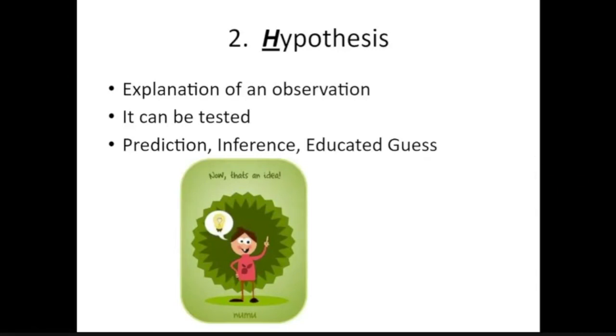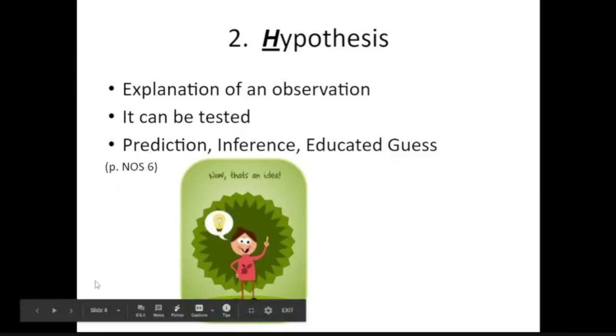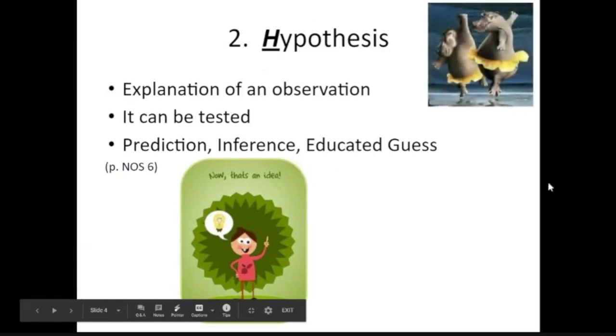Hypothesis can be called a prediction, an inference, or an educated guess. They all sort of mean the same thing. The page numbers, I have one here too. These are the OWL books. So if you have an OWL book at home or you want to take one home, pages NOS 6 is where you will find this information.